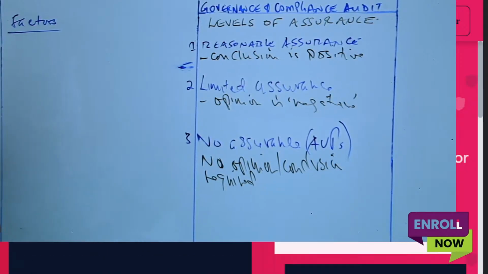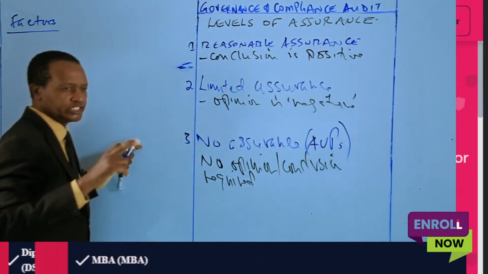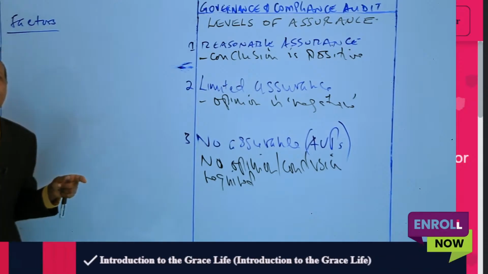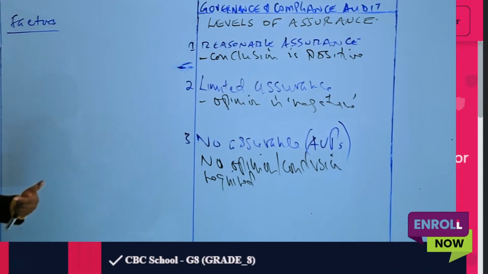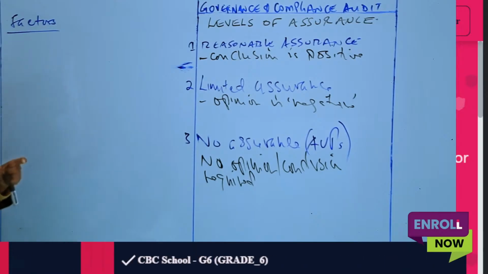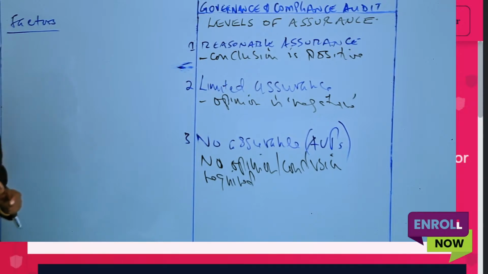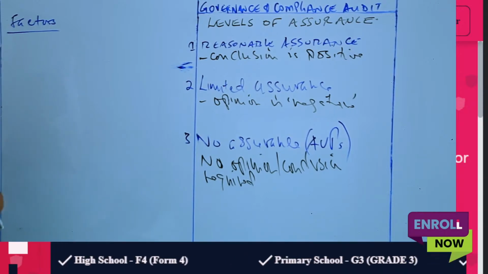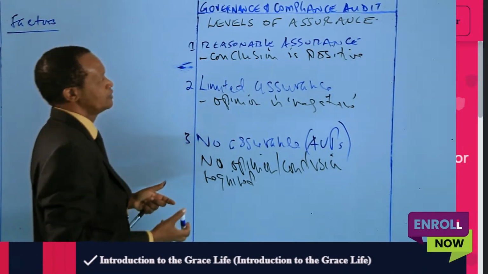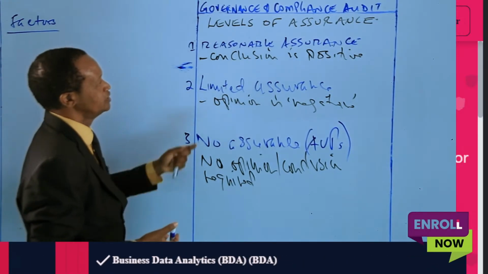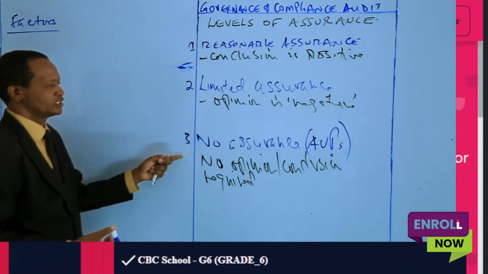The decision on which level of assurance to seek is a strategic one that is made in the planning phase, often in consultation with the client's committee and senior management. And there are various factors that will determine whether the auditors will provide a reasonable assurance, limited assurance, or no assurance at all.